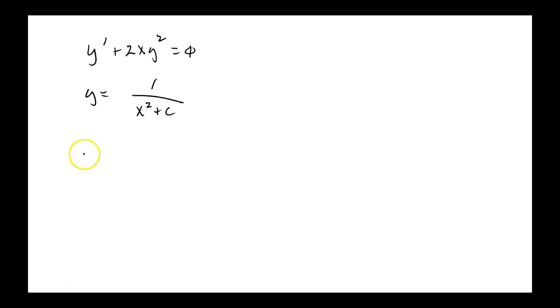Take it right. Y prime. Let's rewrite this as x squared plus c to the minus 1. I like taking derivatives of that more than I do the quotient rule. So this is a power rule. Negative x squared plus c to the negative 2.